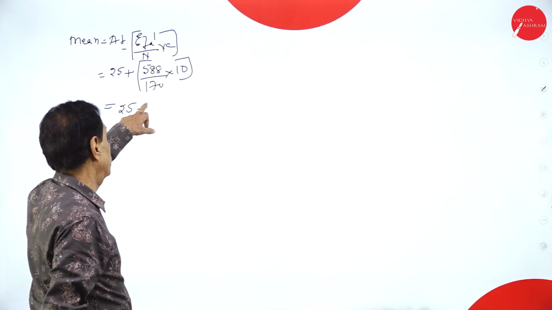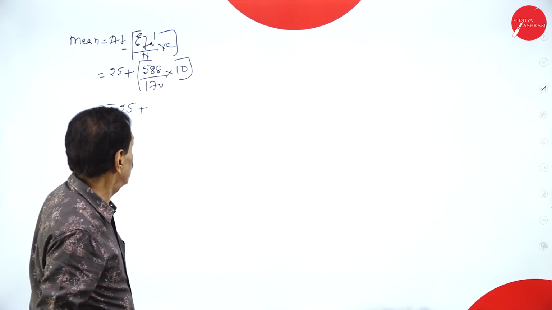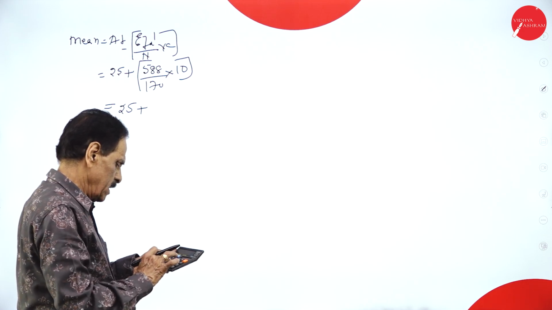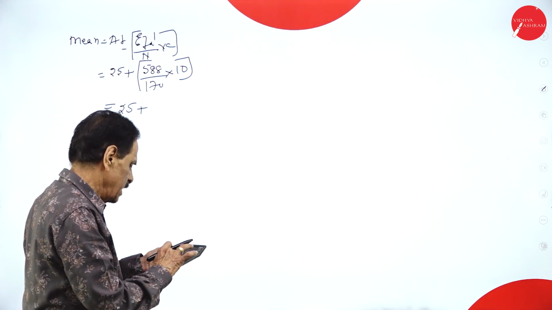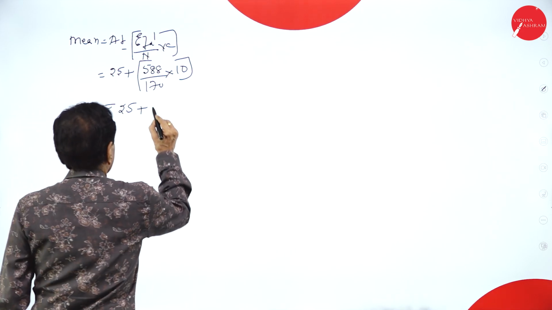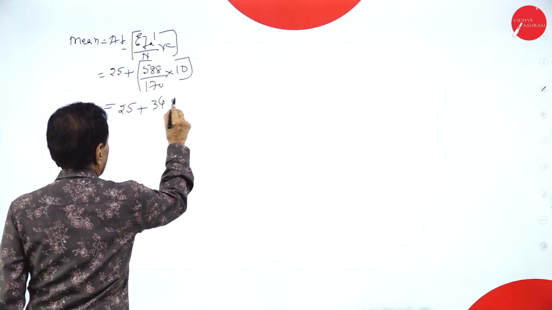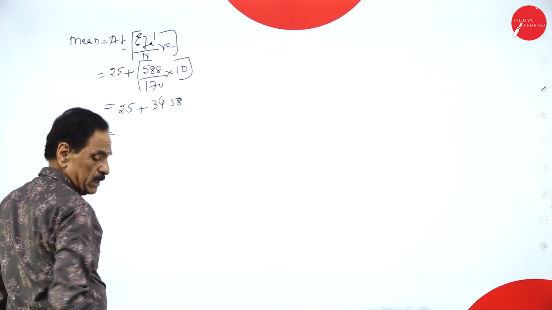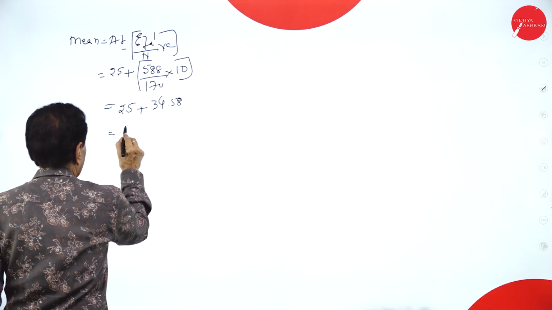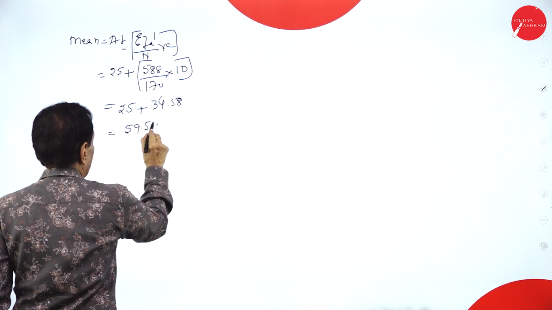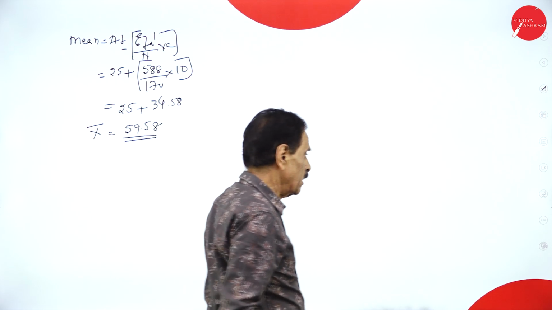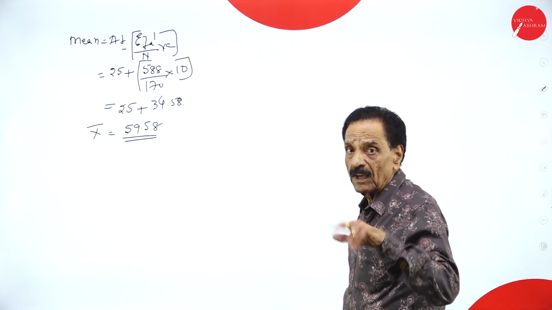Mean: sigma fd dash is 588 divided by 170 into 10. 588 into 10 is equal to 5,880 divided by 170, 34.58. So this is equal to plus 25, 59.58. This goes in favor of mean. When you say x bar, it's called mean.